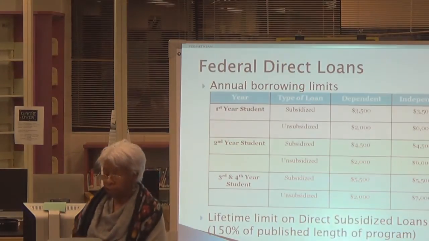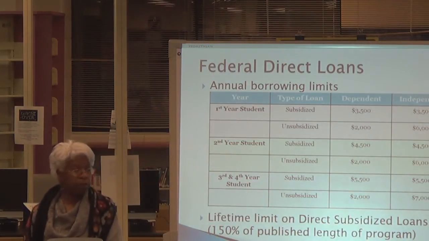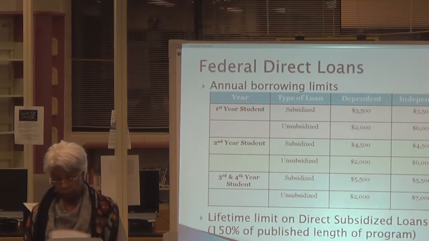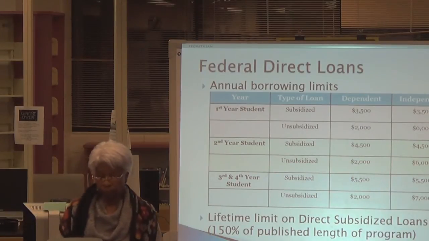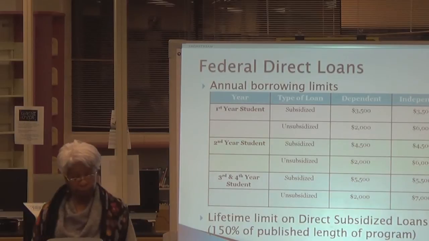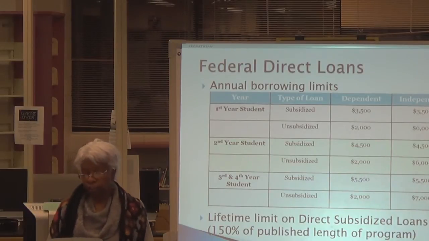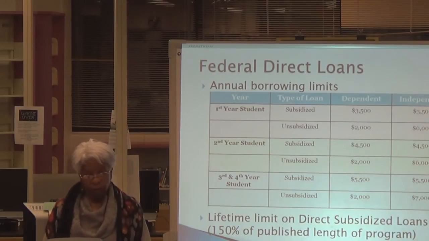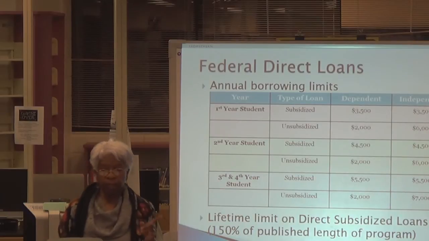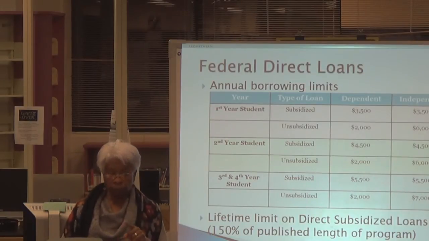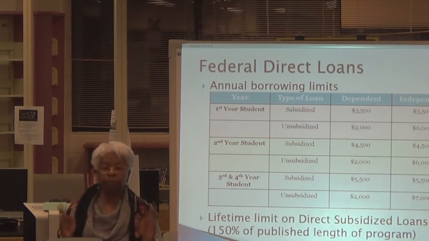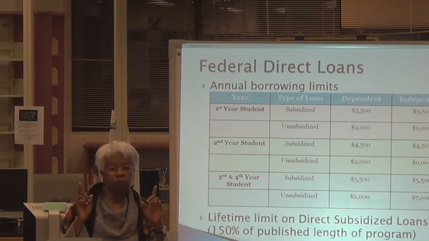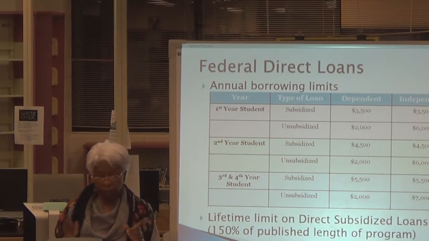One big change for those of you who have students who are already in college. There are some new changes that you need to know about. For the students who are coming in for this next year, 14-15, there is a limit on how long you can borrow the subsidized loan.